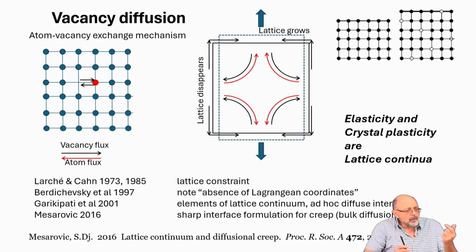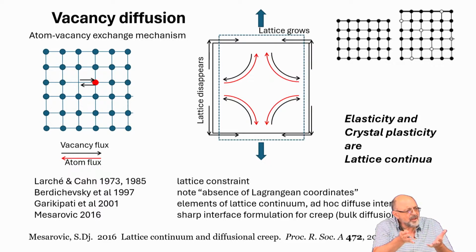Now, let's see, what do we have in this model? We have diffusion through the bulk, through and over surfaces and interfaces. We have lattice growth at interfaces and boundaries. We have microelasticity. Grains could slide. That's very much like creep.